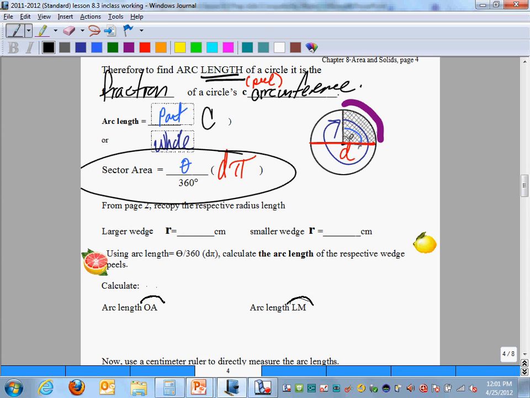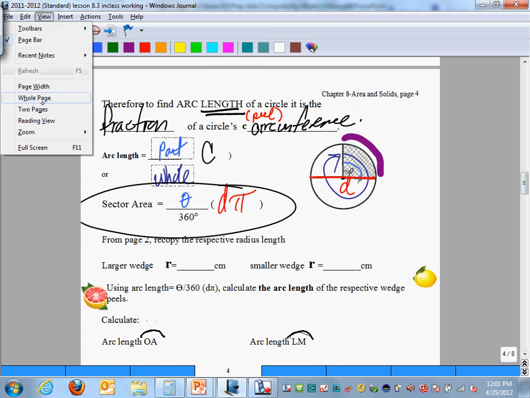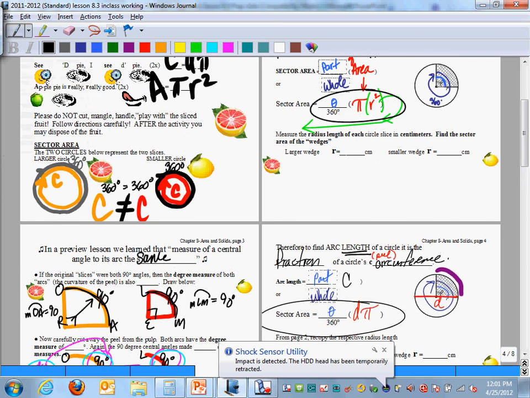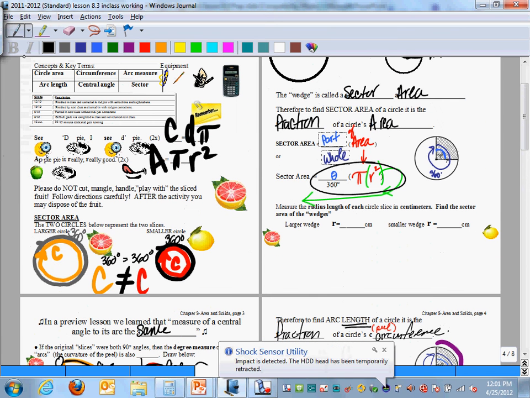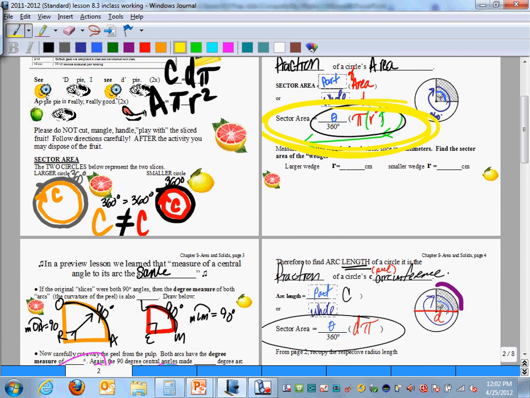All right, you have two equations, guys. I want you to take about 1 minute and attempt to memorize these because I'm going to test you on them. You might want to circle these or highlight them. I'm going to highlight them nice and bright for you. Sector area was on page 2.